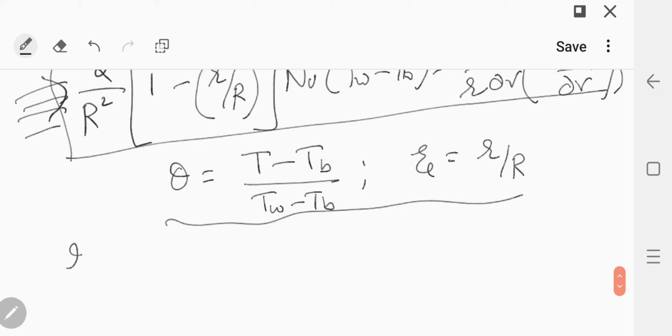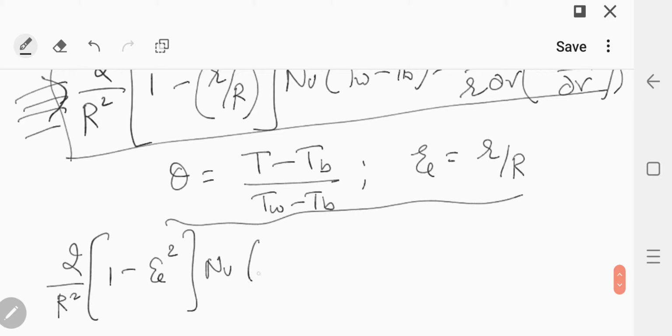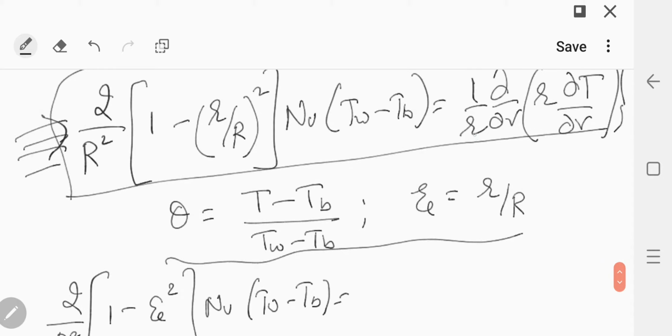So that will be 2 by R square, 1 minus zeta square, Nusselt number, Tw minus Tb. Now small r can be replaced as capital R into zeta, and del r becomes R del zeta. What is T from here? That will be Tw minus Tb into theta. And if you differentiate dT, you will be differentiating del theta, keeping the other terms as constant.